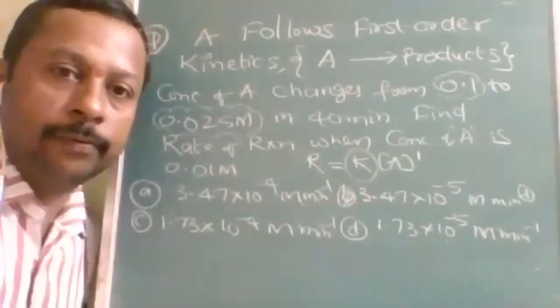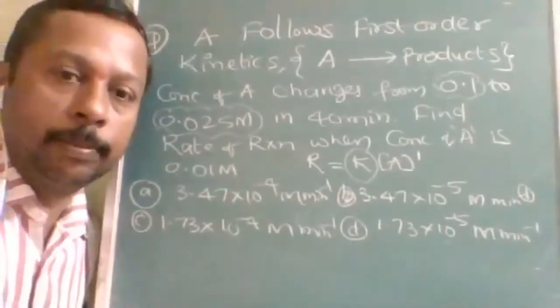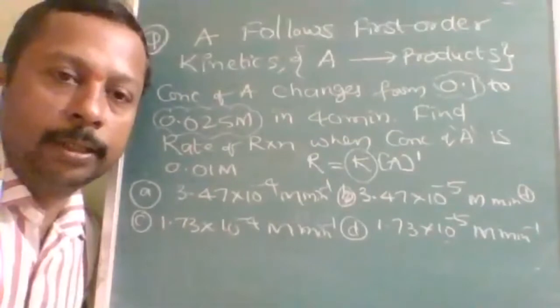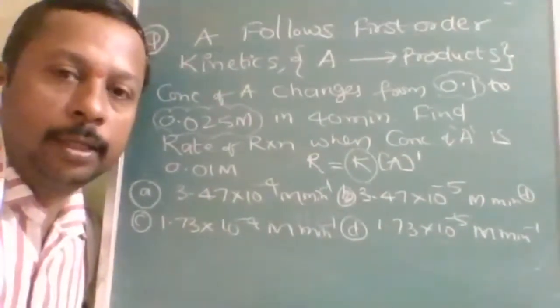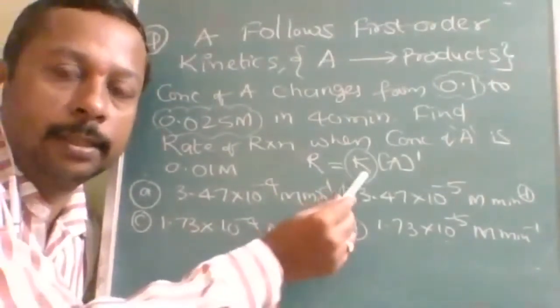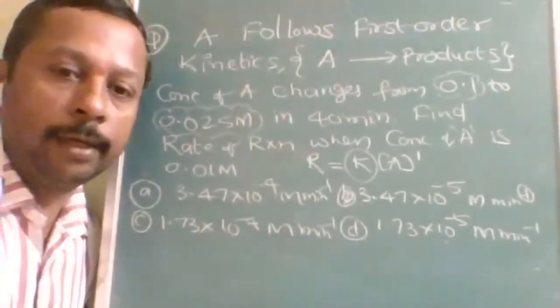T 75%: when 0.1 reaches 0.025, that means 75% is used. With that you can find the half-life time, which can be used here for K. Then you can find the R value, the rate of reaction.